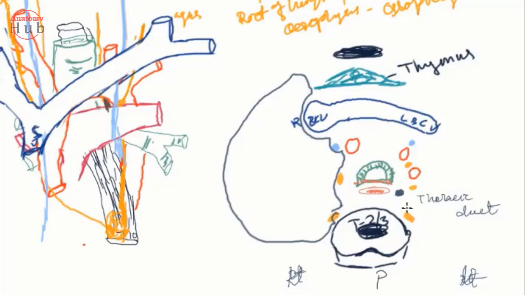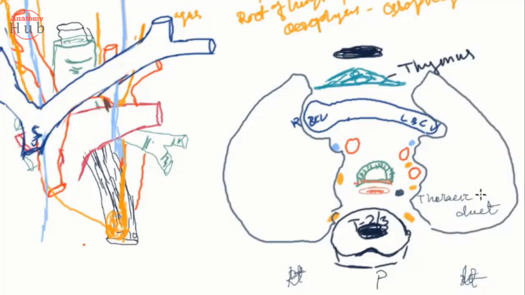So here also you'll find the lungs. This is your right lung and this is your left lung. Now if you see the relation of the lungs over here, the anterior relation is your phrenic nerve, the posterior relation is your vagus nerve.